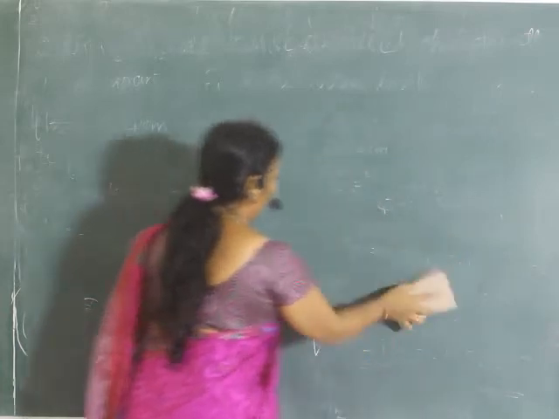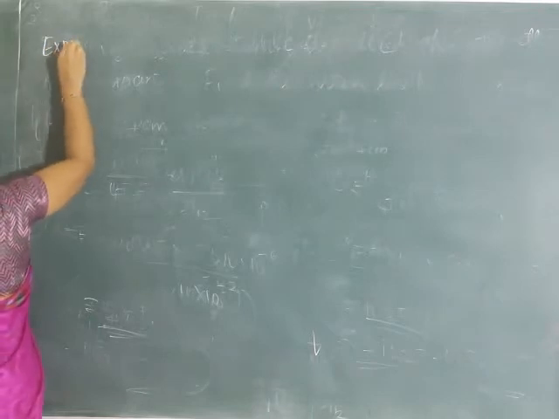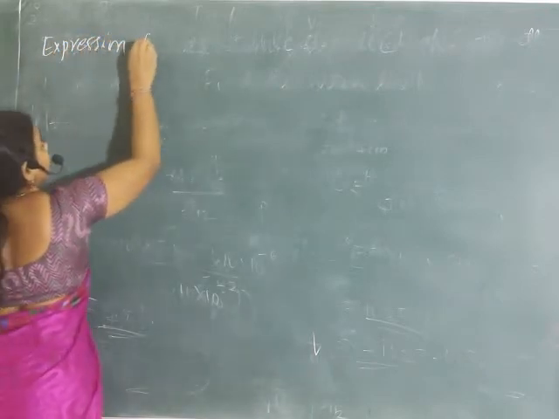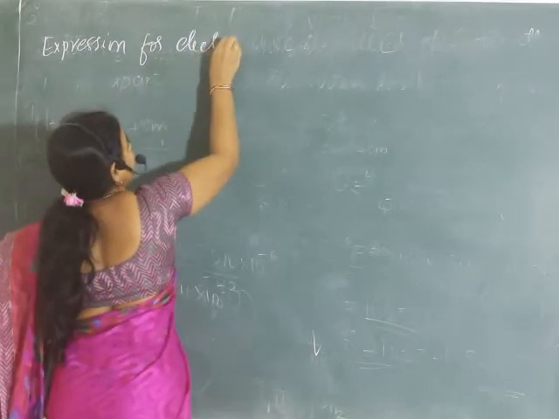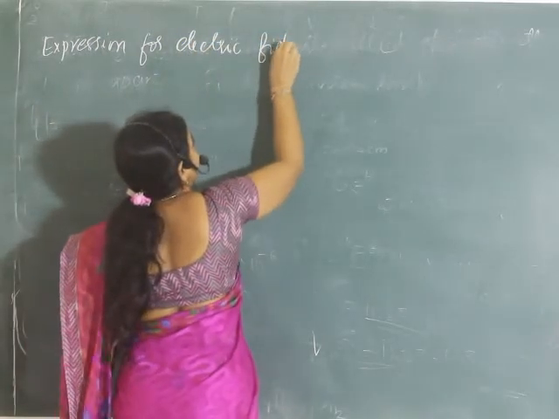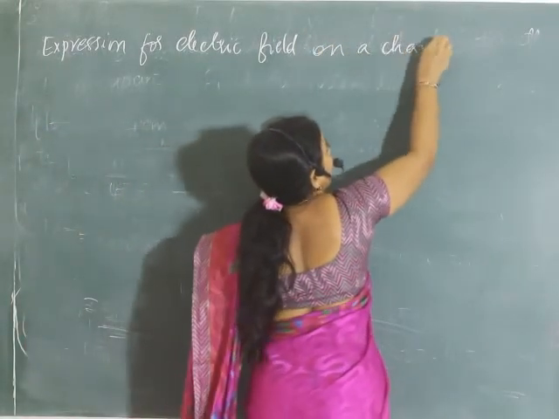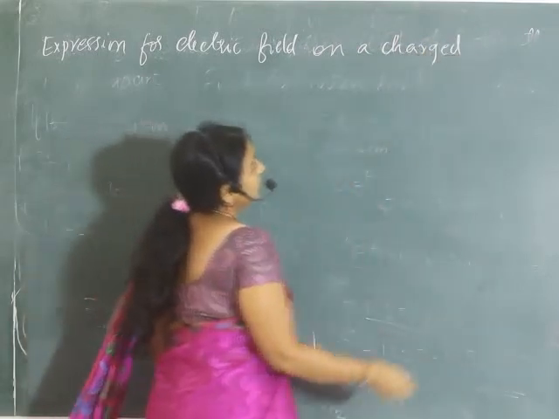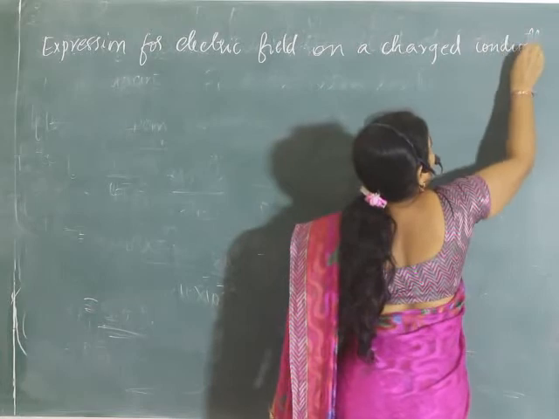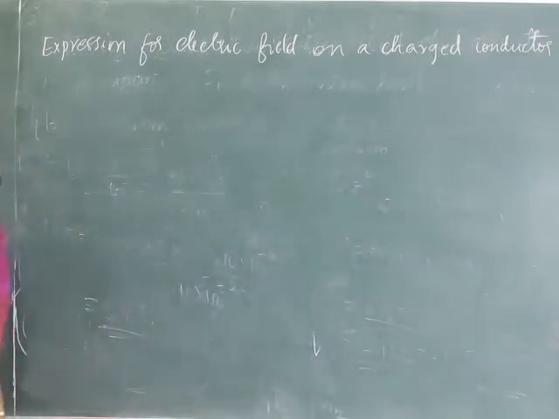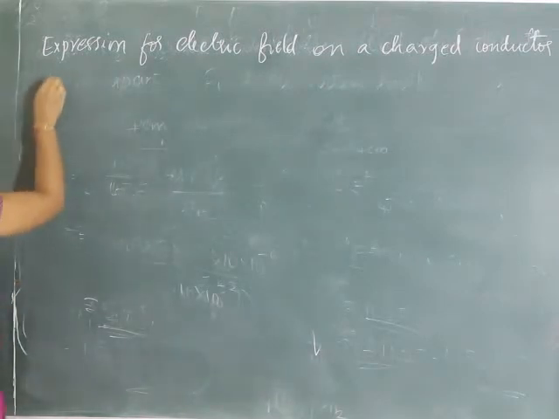But now what we are going to derive is the expression for electric field on the surface of the charged conductor in terms of surface charge density.